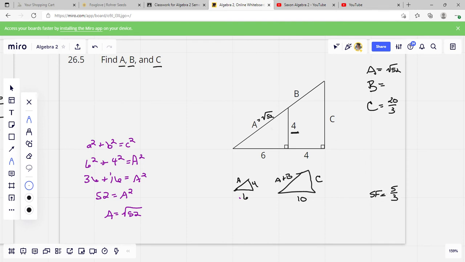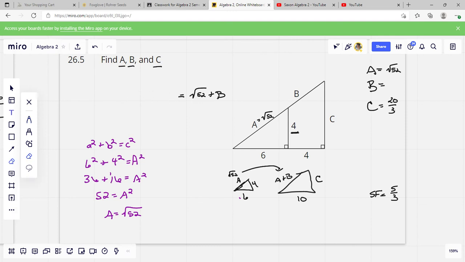We need to keep that. So we're going to say this will be square root of 52 times our scale factor equals square root of 52 plus B. So square root of 52 times our scale factor, which is 5 over 3, equals the square root of 52 plus B. Okay, so now, we should put this on the other side.